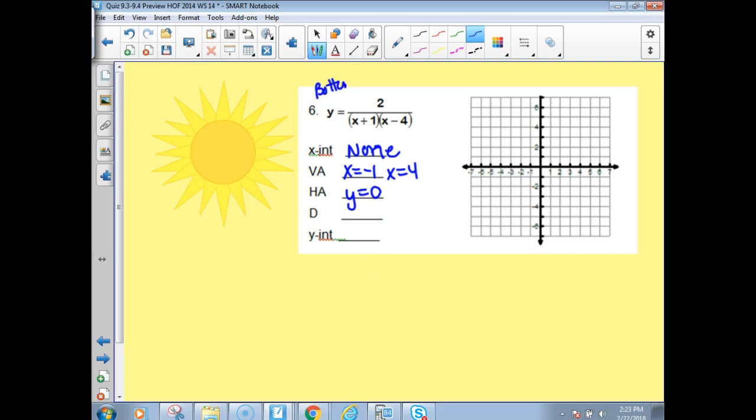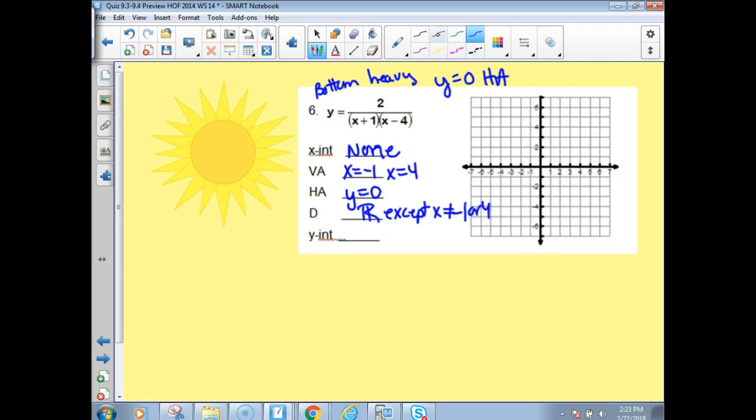Maybe you want to write that one's bottom heavy. Okay, that's that rule. And you actually have a little cheat sheet then. The domain, all reals except x can't equal -1 or 4.